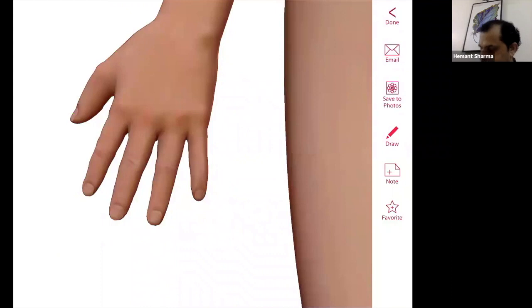Concept number 2. If you see it meridian-wise, in the index finger we have the large intestine meridian. The large intestine meridian goes to the front side of the face, the front side of the head. So it is treating the frontal headache.